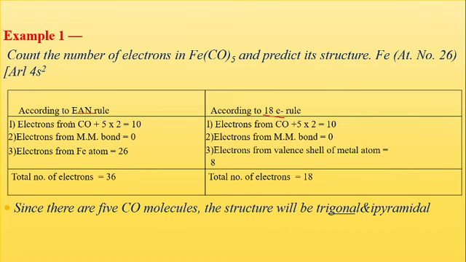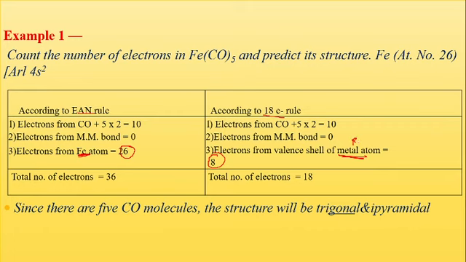In the EAN rule, we consider all the electrons of the metal ion. The electrons from the ligands are counted the same way, but in the EAN rule we consider the total atomic number of the metal, and in the 18 electron rule we consider only the valence electrons of the metal atom.